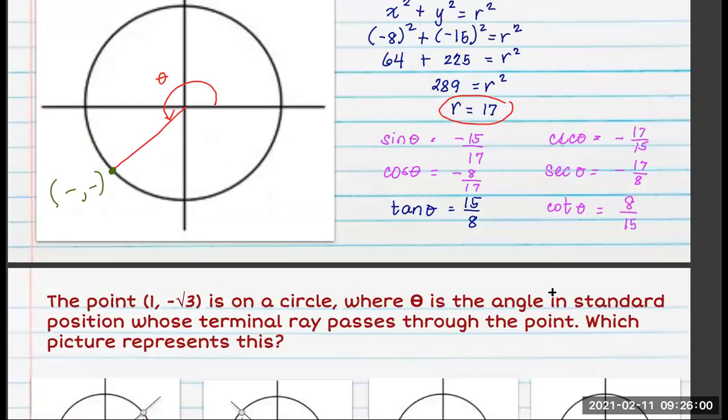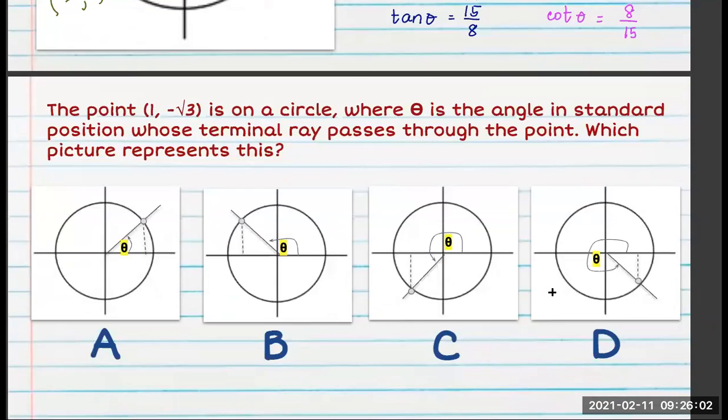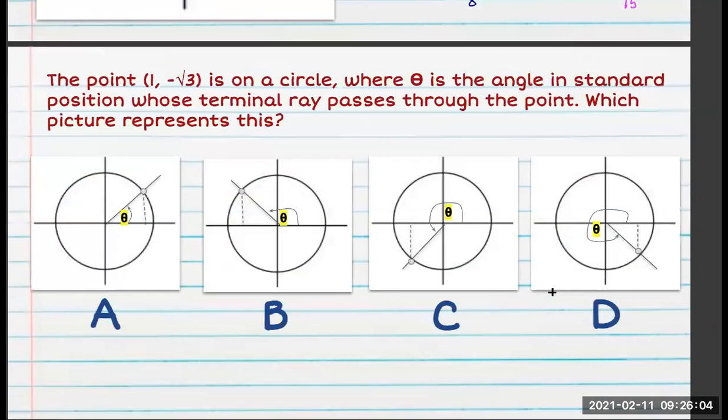All right, why don't you try the next one? Now this one, the terminal side is not given, okay? But you are given the point 1, negative square root of 3, which means that your x is positive and your y is negative.